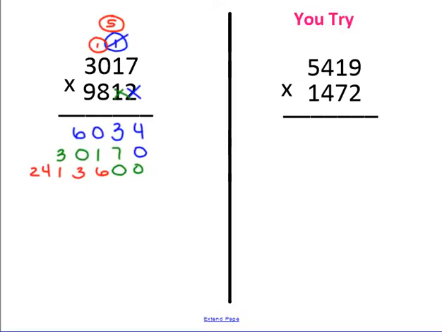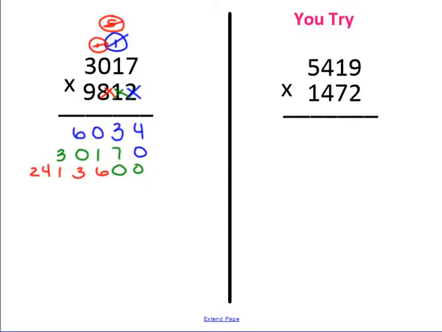And then 8 times 3 is 24. Now, I'm done with the 8. I cross out my carries, and this time I already added 1 placeholder. Then I added 2. Now I'm going to add 3 placeholders.